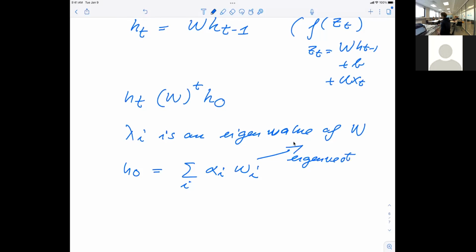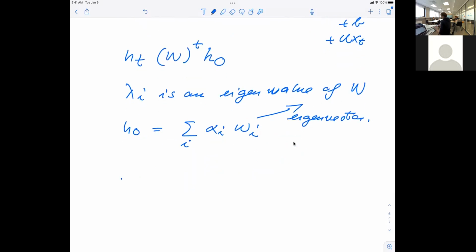I'm just making a very simple model now in order to see how the system can develop without taking into account the complication of an activation function in every single layer. So when I act with W times h0, this is the same as the sum over i of alpha i lambda i times the eigenvector.